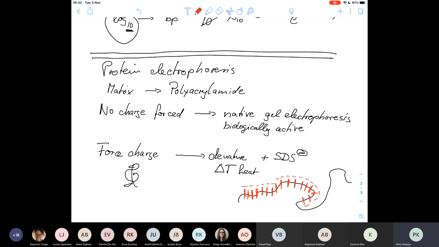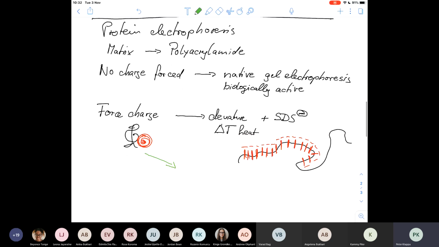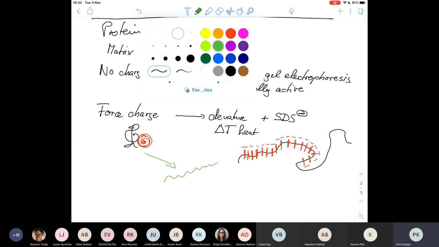We will break any interactions that are non-covalent with this method. So if we've got, for example, another molecule attached to it here, then with this procedure, we will split everything that is not covalent. Let me draw it in a different way.